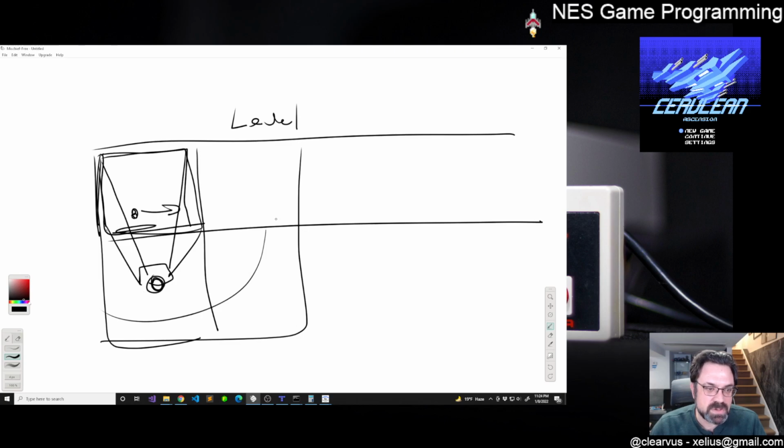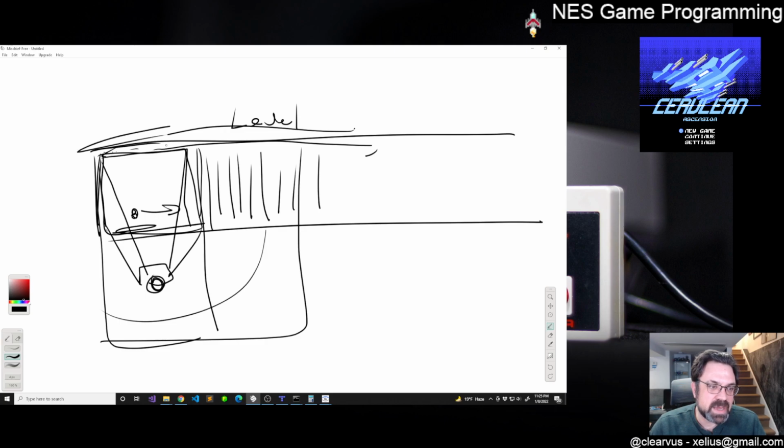You tell the scroll register to move to the right, which moves the background visually to the left. As you do that, you have to load data that isn't loaded yet from your level data in strips as the scroll register scrolls this way, and your background gets left behind.